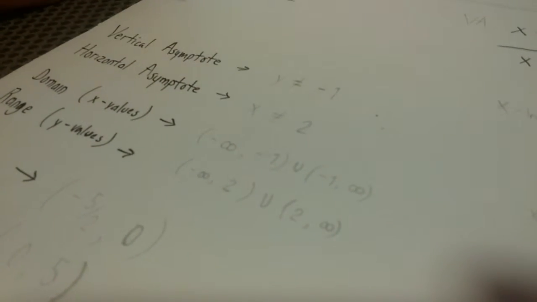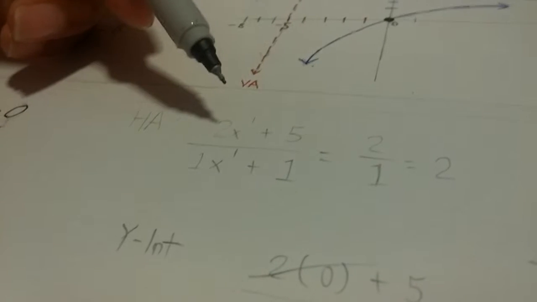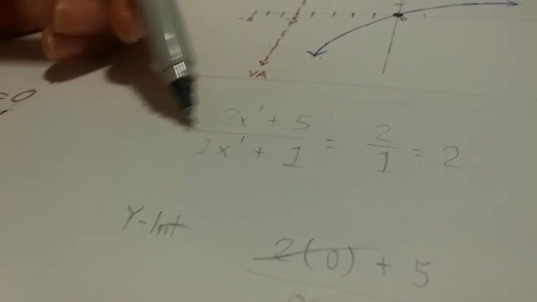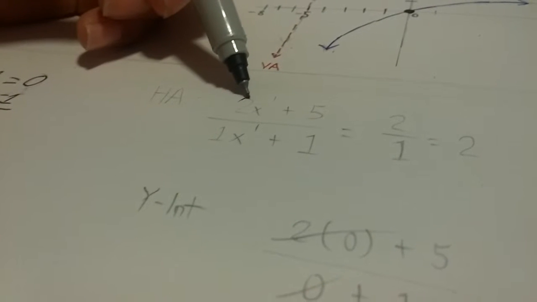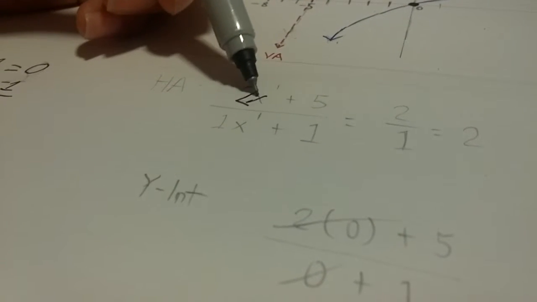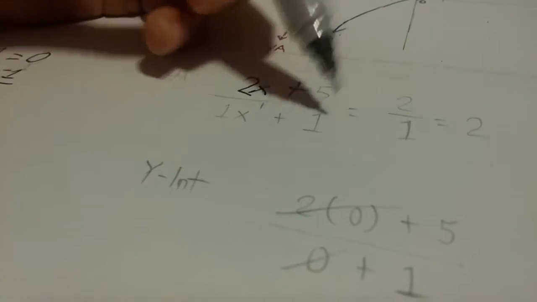Next thing we're going to look for is the horizontal asymptote. How we got this one is by putting in the top half of the equation, which should end up as 2x + 5.